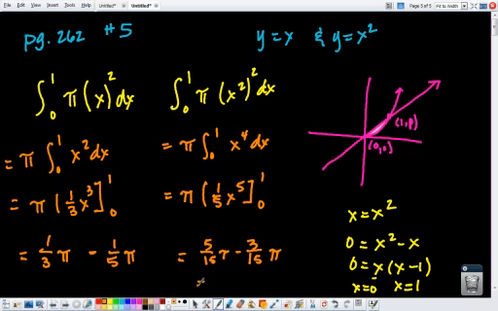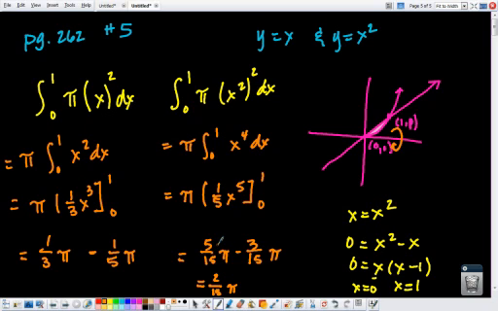So my volume, if I were to rotate around the x-axis, so we're going like this and making a little circle, is 2/15 pi. All right, so that's when I rotate about the x-axis.